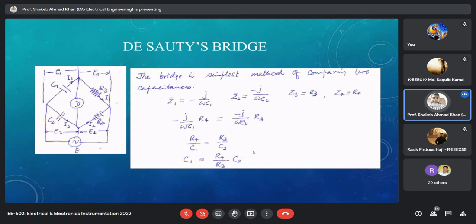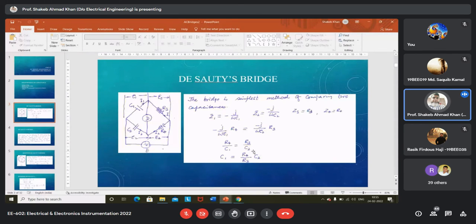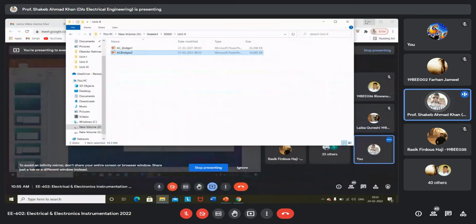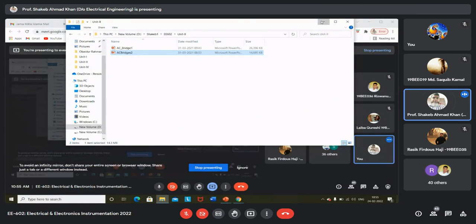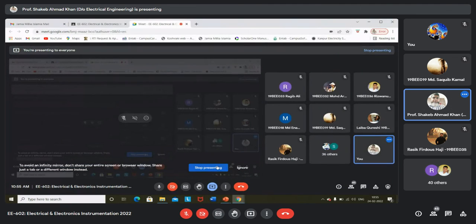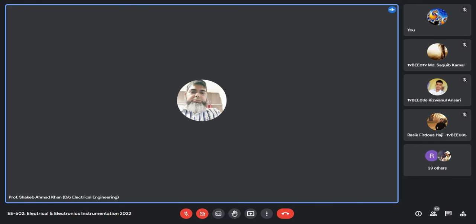Next week you are having your sessional test. As far as the sessional test is concerned, it will be conducted in the classroom, and your syllabus will be your complete first unit, and in the second unit your inductance measurement bridges and your De Sauty's bridge, more specifically Maxwell's bridges.